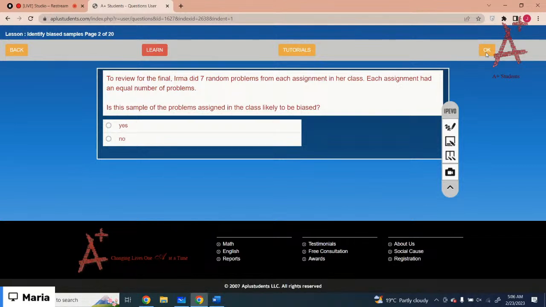Got it? To review for the final, Irma did 7 random problems from each assignment in her class. Each assignment has an equal number of problems.